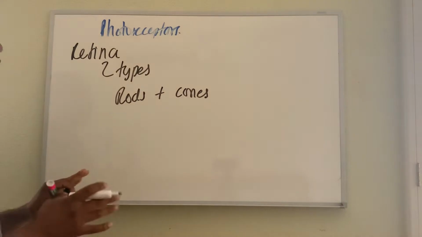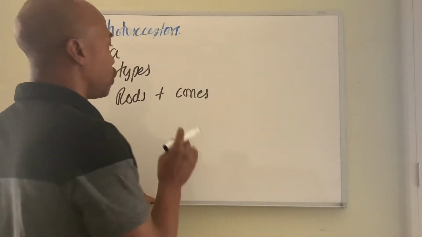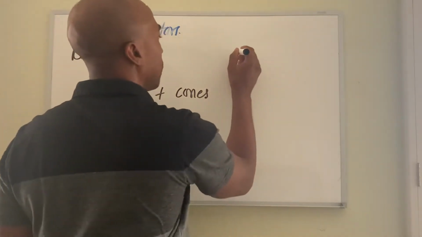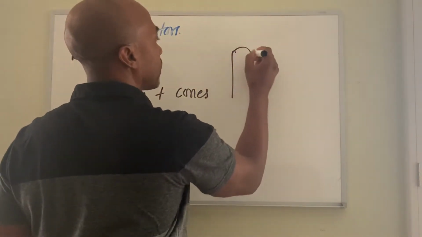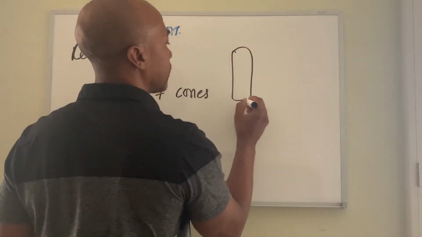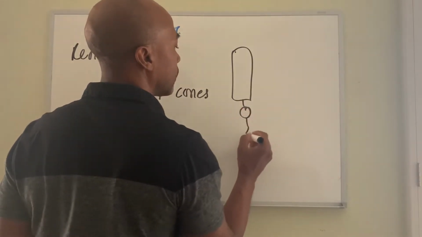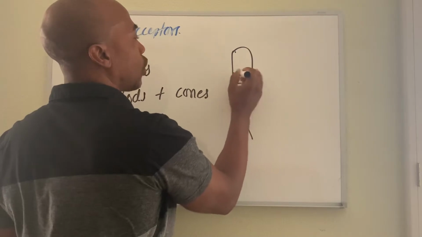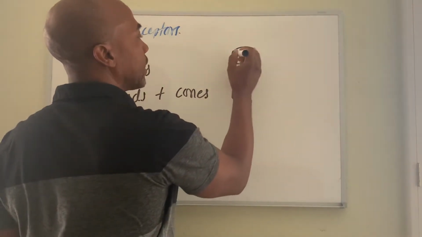Structurally, they all look alike, more or less. So we're going to draw for you a typical structure of a photoreceptor. Let's draw one, maybe a rod, for example, like that. Okay. So this outer part here has these things called membranous discs.